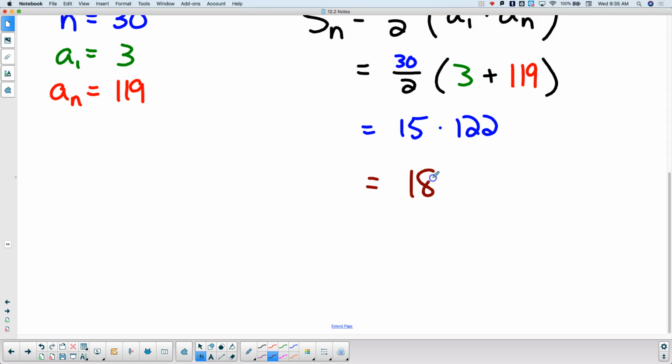So there are 1,830 seats total in that section.